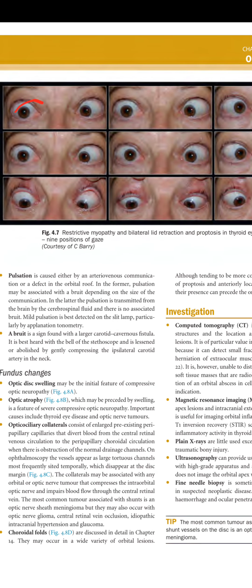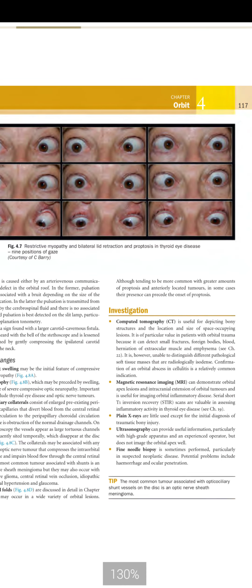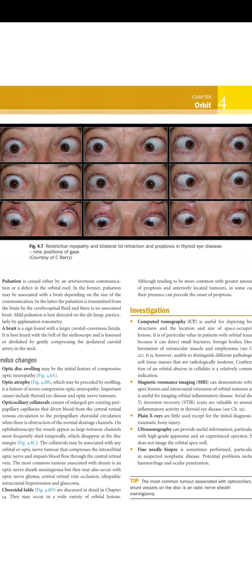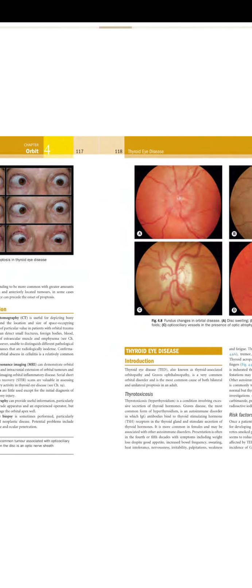There is a lid retraction and there is a restriction of the gaze. This is the primary position of the gaze, this is the right gaze, and this is showing us the left gaze. This is showing the down gaze, and it is showing the dextro depression, the levo depression, the dextro elevation, the levo elevation.